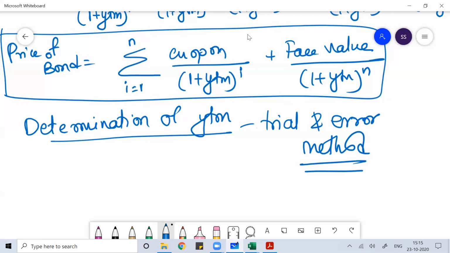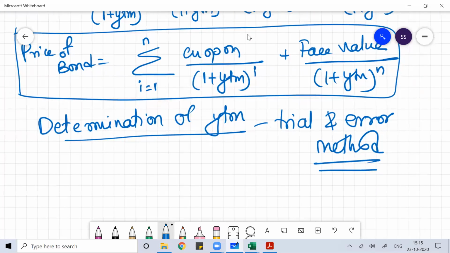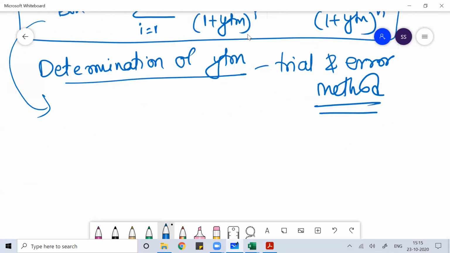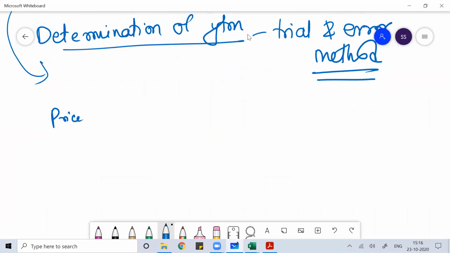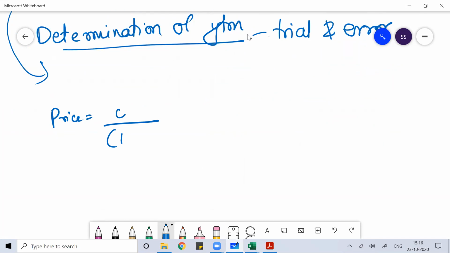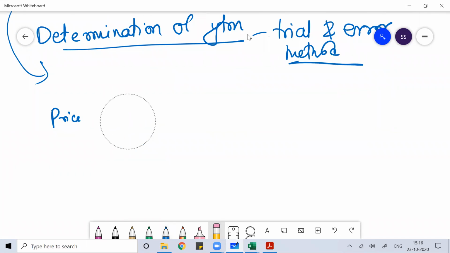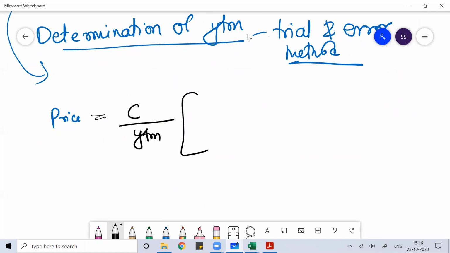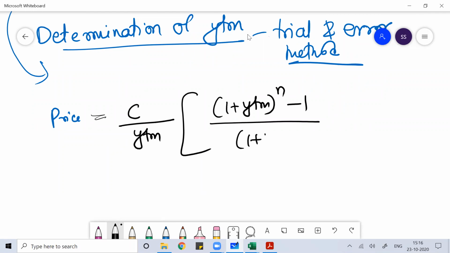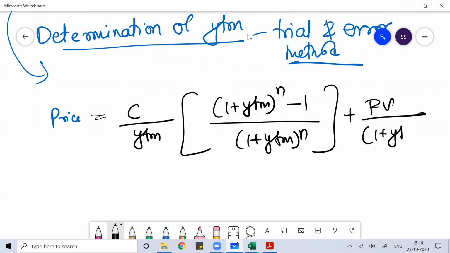You know the formula of the price of a bond. I am writing it again in another form. The price of bond formula is coupon divided by YTM, into (1 plus YTM) to the power n minus 1, divided by (1 plus YTM) to the power n, plus face value divided by (1 plus YTM) to the power n.